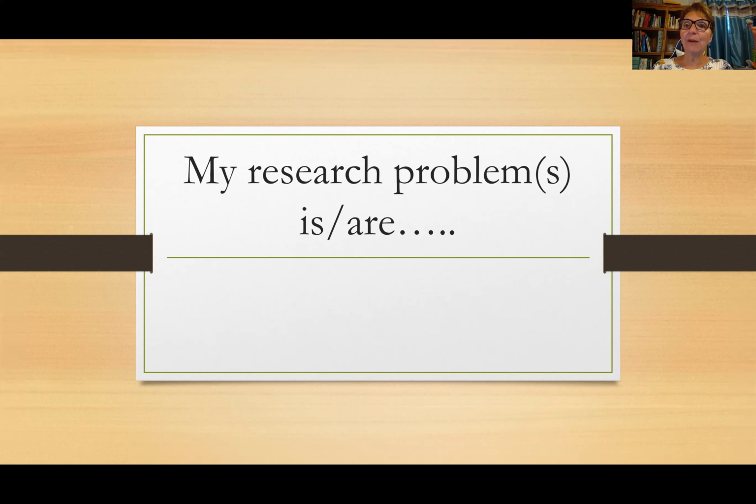So you can see my research ended up being more complex, and I needed to make sure I had all of those operational definitions identified, and I had my different components of the problems identified, and then that leads me into my research question.